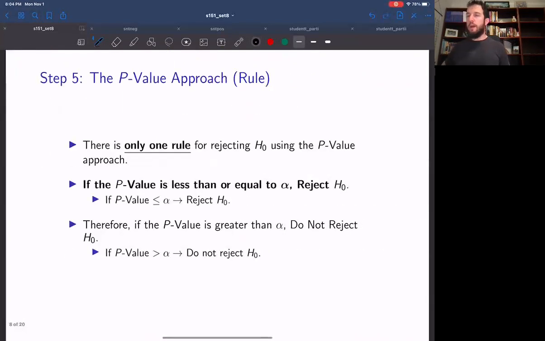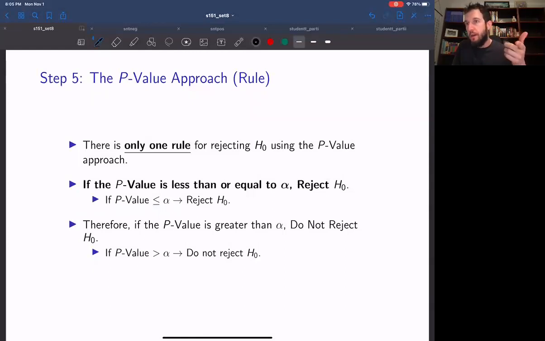All right. So I had mentioned that when the p-value is small, we would reject the null hypothesis. When the p-value is big, we would not reject the null. Okay, well, how does this actually work? Well, we take the significance level for the test, which is declared in step 2. And we say if the p-value is less than or equal to the significance level, it's small enough to warrant rejection. And then we say the opposite.